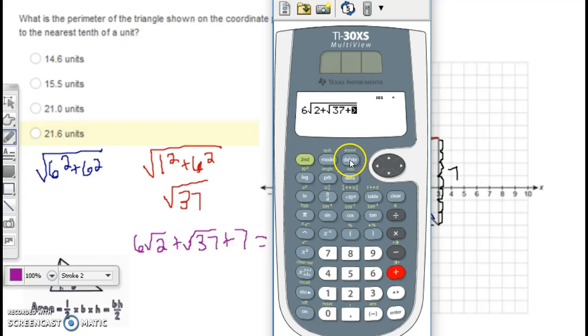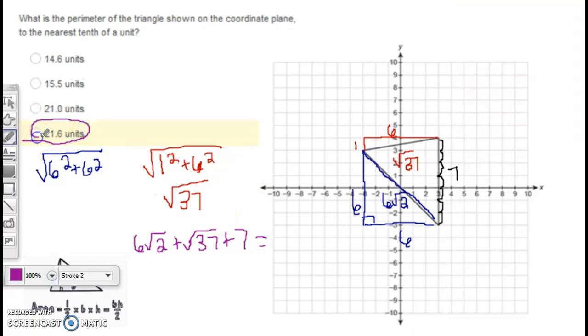I forgot to get out of my square root. Now we did. Okay, so this one tells us it's about 21.56, which if you round would be 21.6 units.